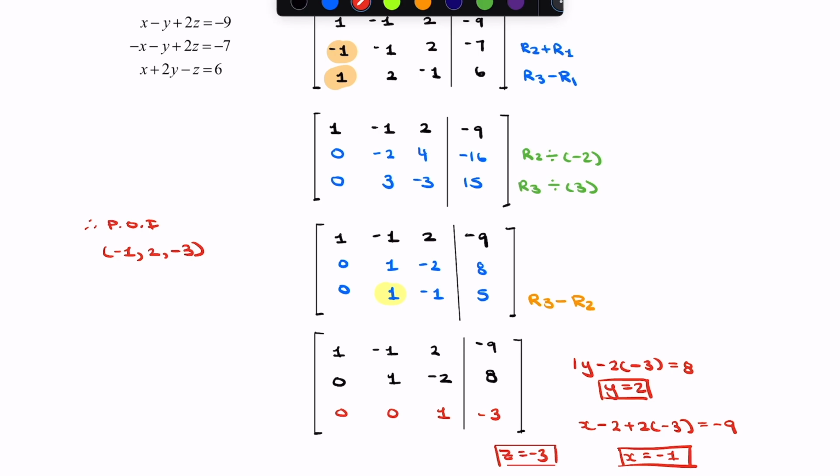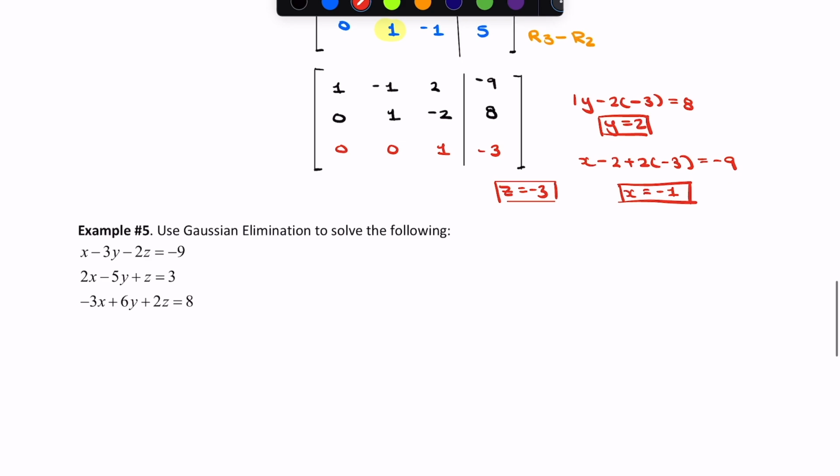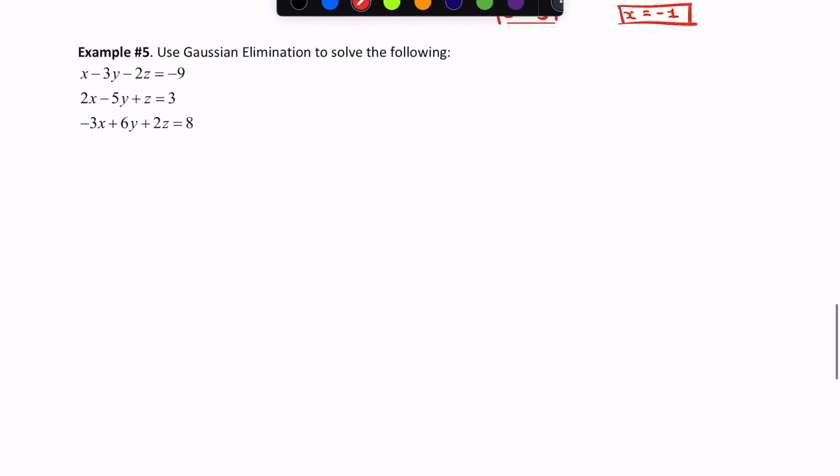Okay, so example number 5 says, can we use Gaussian elimination to solve the following. So here we have x minus 3y minus 2z is equal to -9, 2x minus 5y plus z is equal to 3, and -3x plus 6y plus 2z is equal to 8.